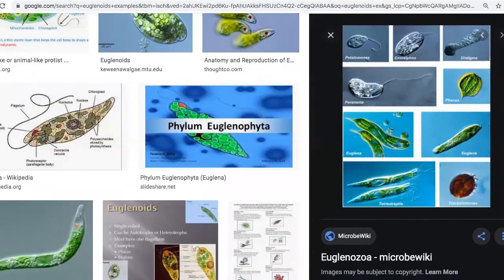The shorter flagella will be used in sensitivity. It will sense the environment.